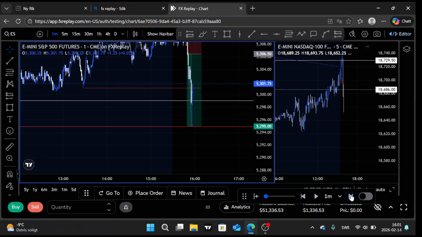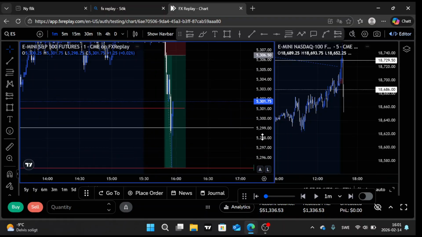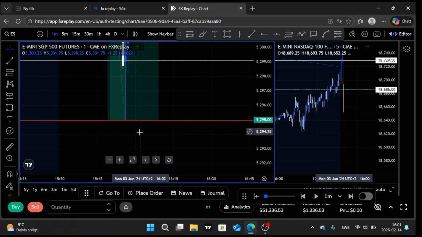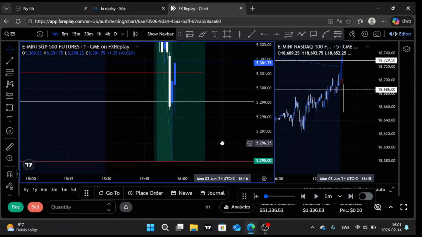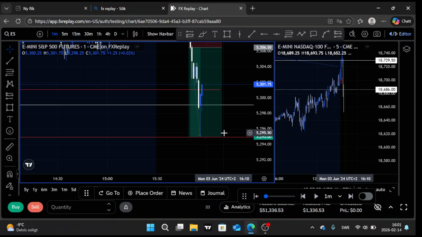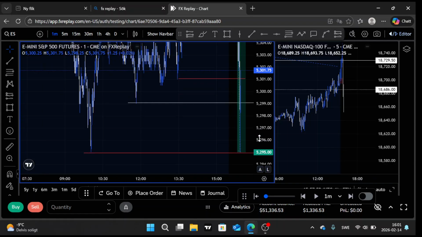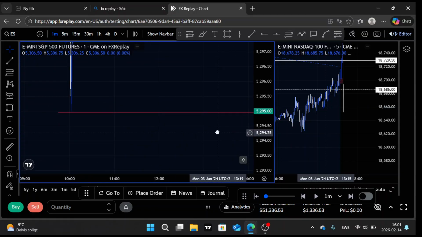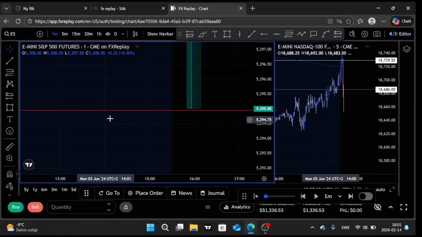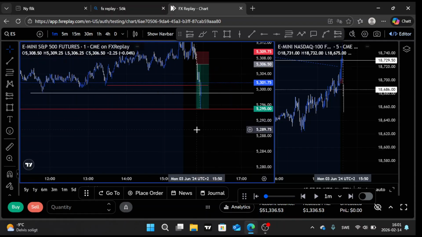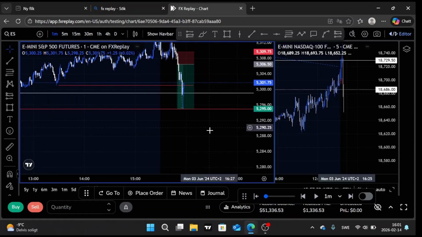So here we go. It took my full TP and then it went back up. So now what does that mean? That means we have, yes, very good trade.